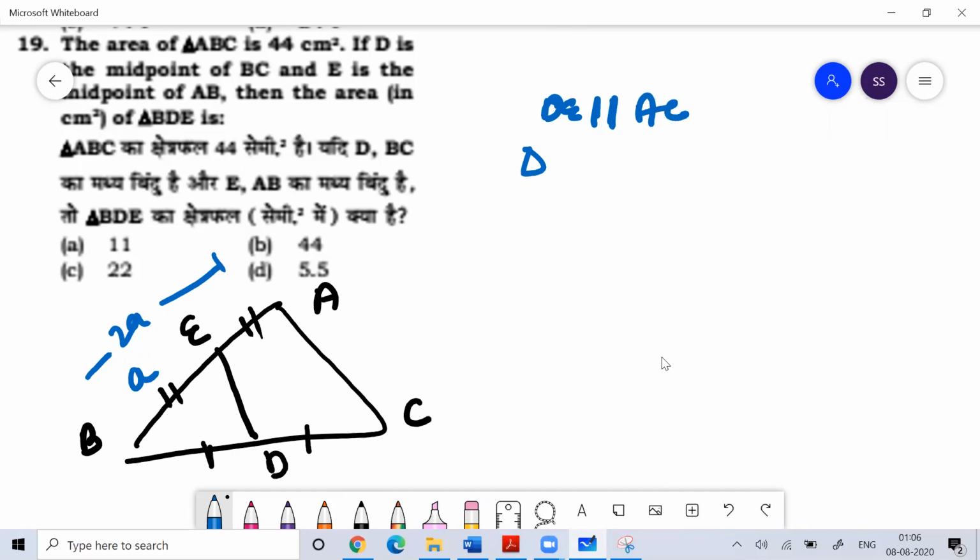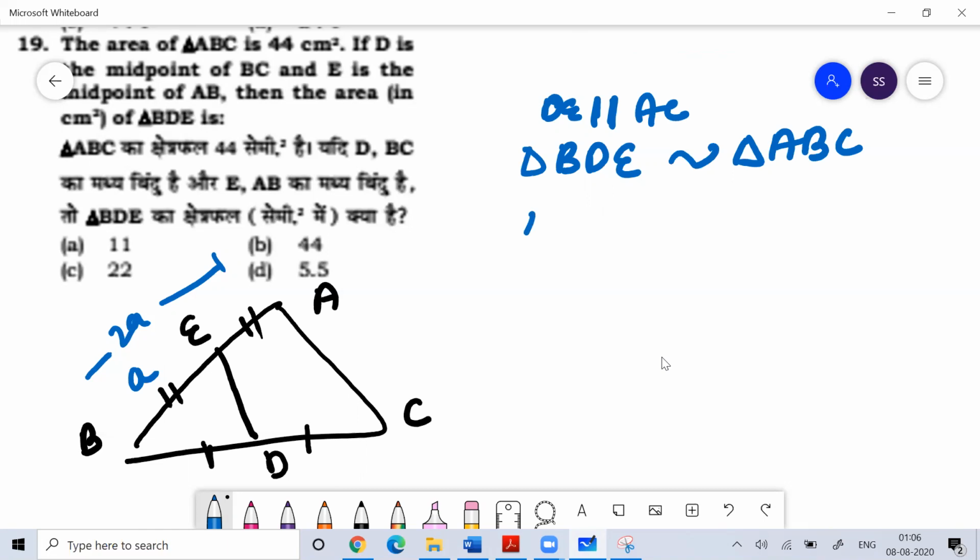Okay, and then I can say triangle BDE will be similar to the triangle ABC. Okay, and the ratio of the side is 1:2. So the ratio of area will be 1:4. So it is the property of similar triangles.